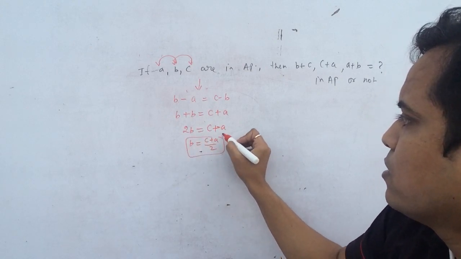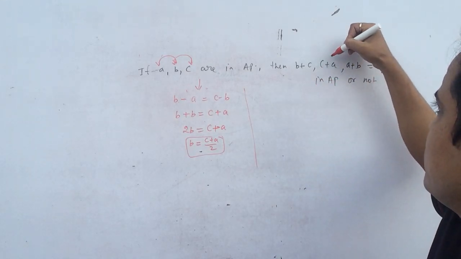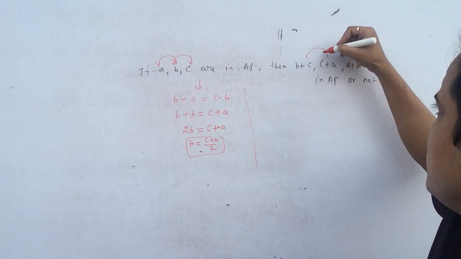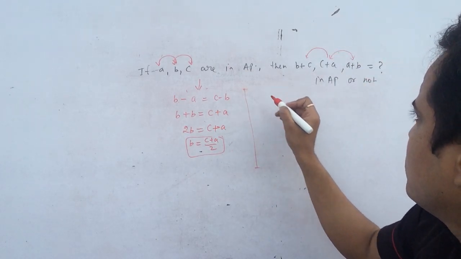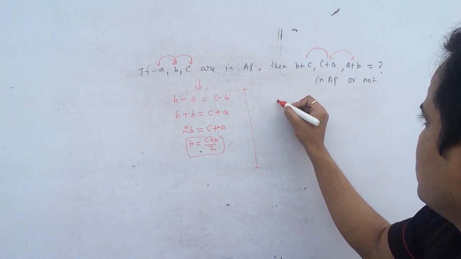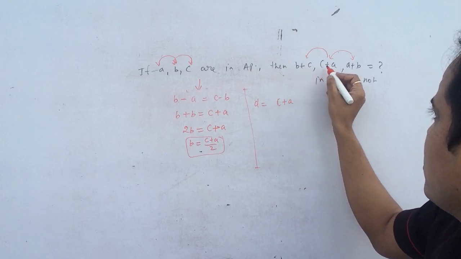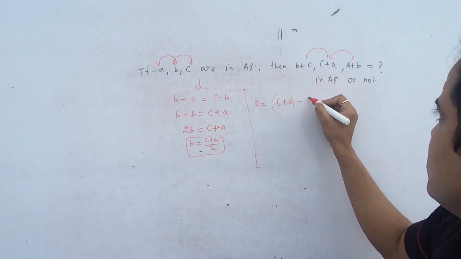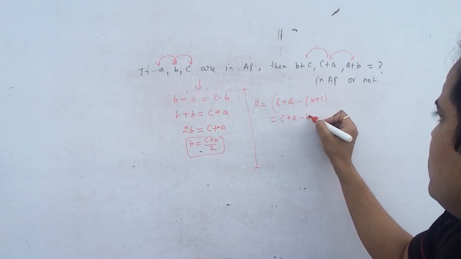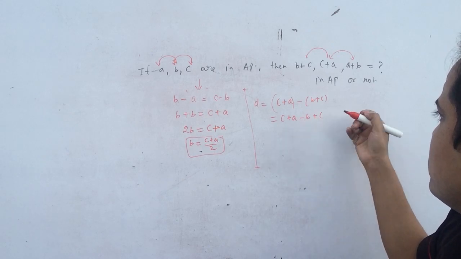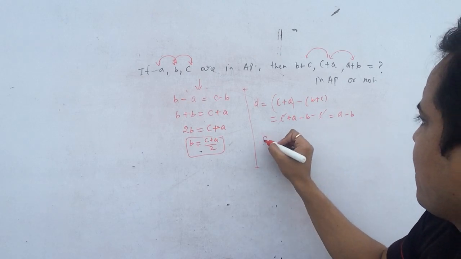You only know this. If you want to check whether it is in AP or not, you have to find the difference and equate. Check D equal to C plus A minus B plus C. So C cancels, you get A minus B here.